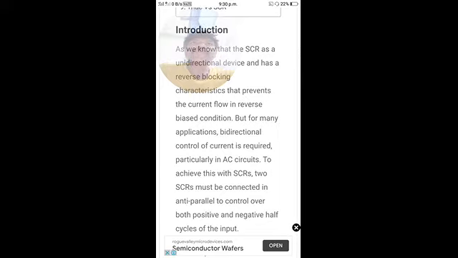So when comparing the triac with the diac, the diac and the triac both are bidirectional conducting power semiconductor devices, but in the diac we don't have a gate.